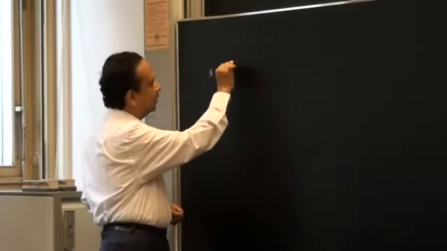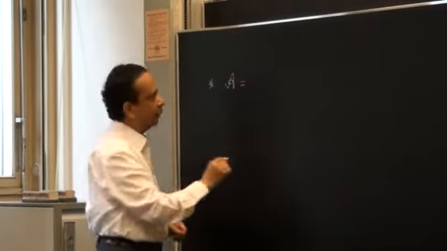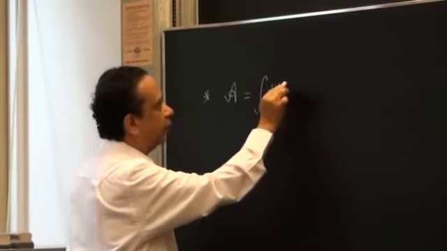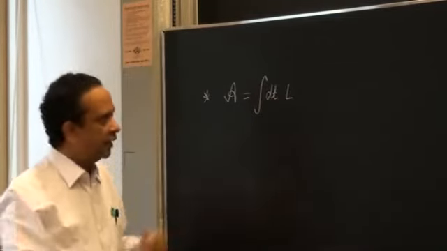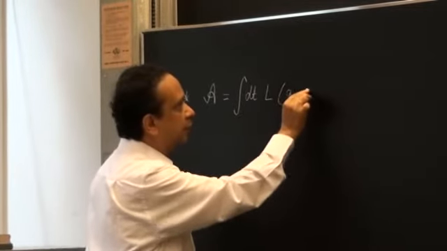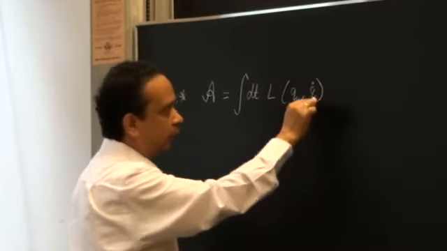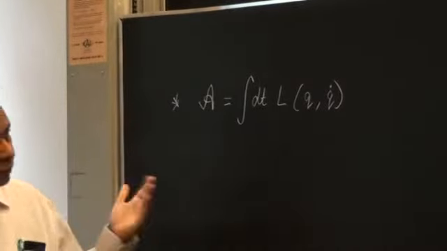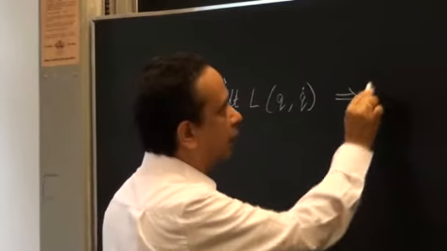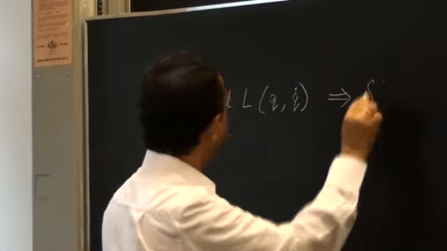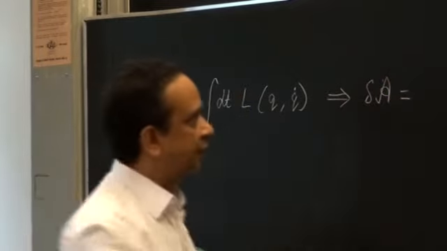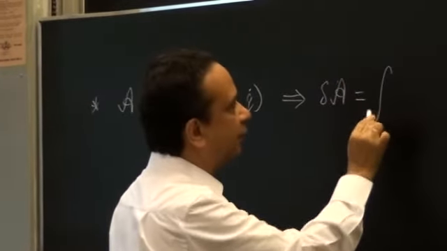So in classical mechanics, we have an action which you would have normally written as integral over dt of a Lagrangian, which let us say depends on q and q dot. Bear with me, things will become non-trivial pretty soon. Now, in classical mechanics, what we do is that you vary this action and you look at delta A, and you will find that by standard procedure, delta A is going to be given by the integral over dt.